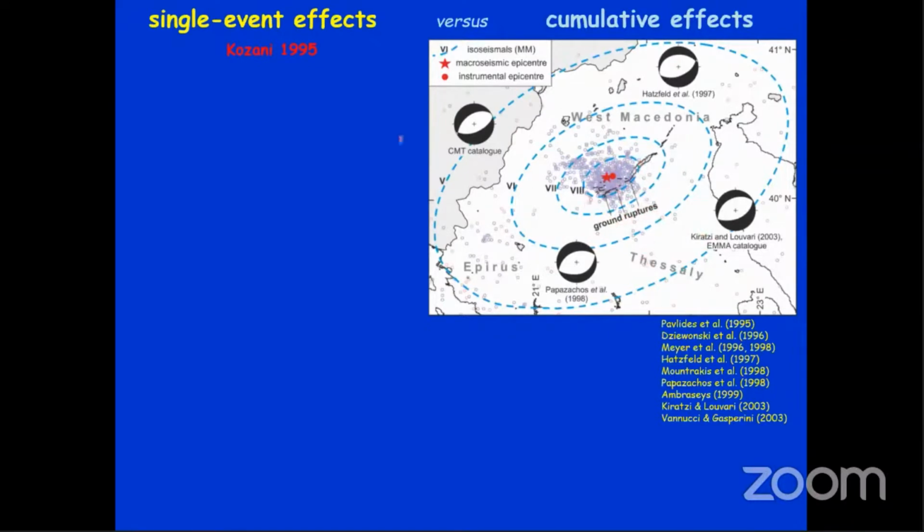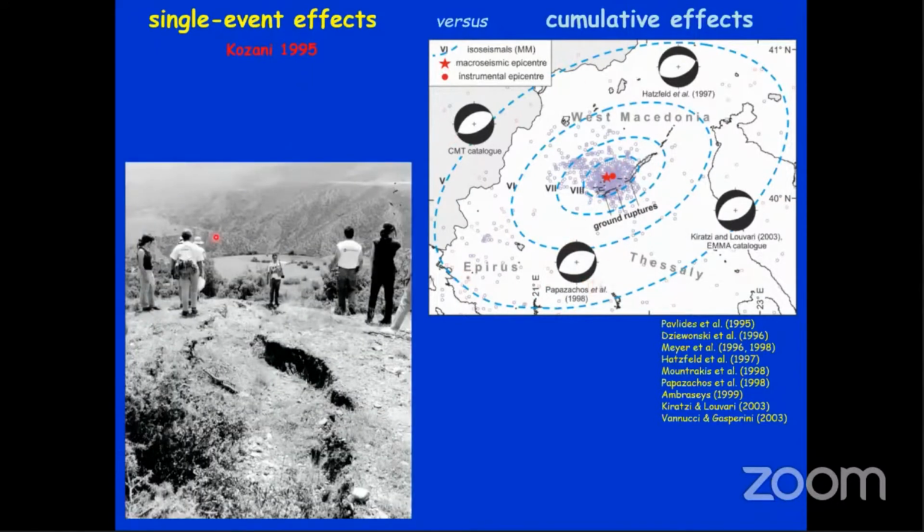At that time we obviously have instrumental information. So we have the instrumental epicenter beyond the macroseismic one. We have the focal mechanism. We also have ground observations allowing us to quantify the displacement and the length of the fault trace.